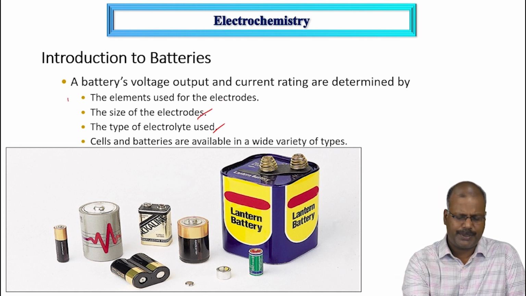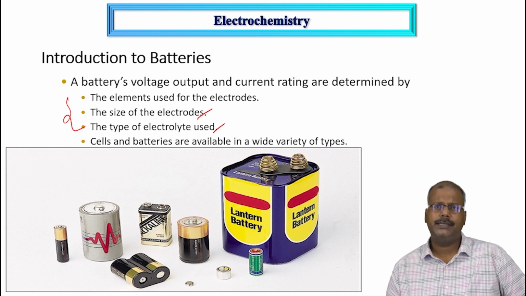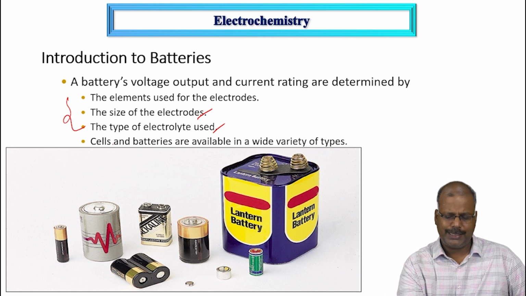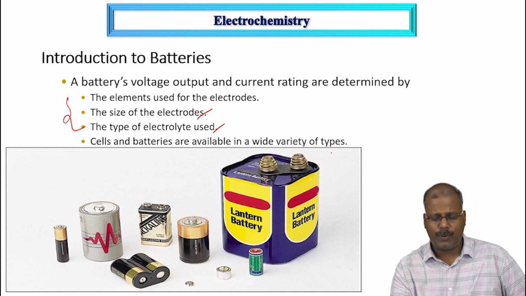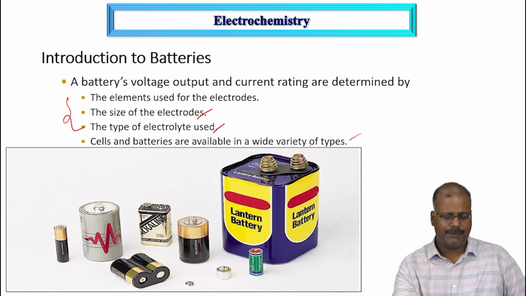These three basically determine the voltage output and current rating. Cells and batteries are available in a wide variety of types and also shapes, normally cylindrical, in plate form, different forms and types.